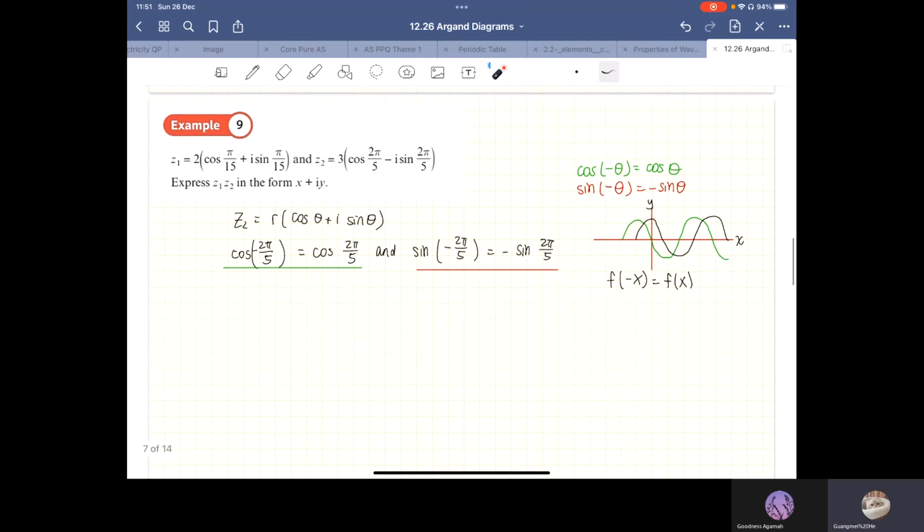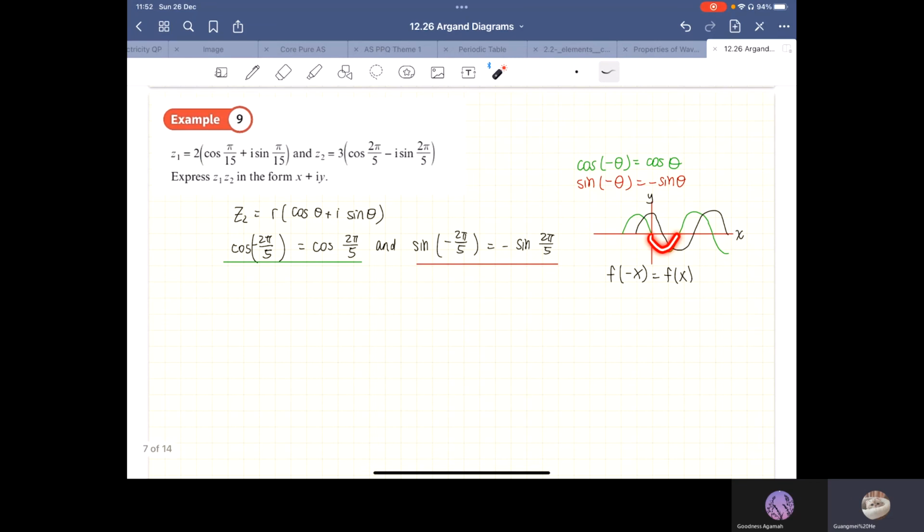So you get sine of negative theta, that is to reflect this part on the other side, and then you take the negative of sine theta. So taking a negative in front of that function f of x, you're reflecting it on the x-axis. And that is our green graph. So that is just derived from what we learned before. And let's continue with the question.